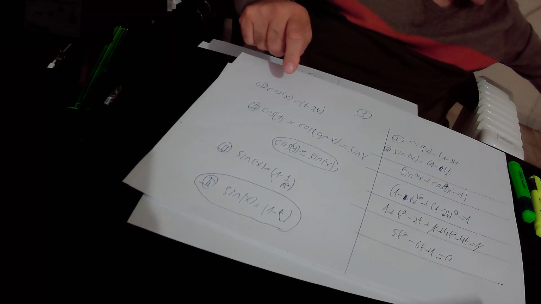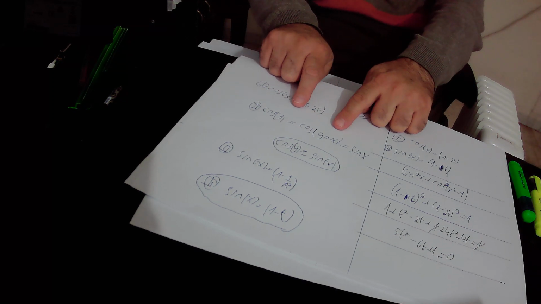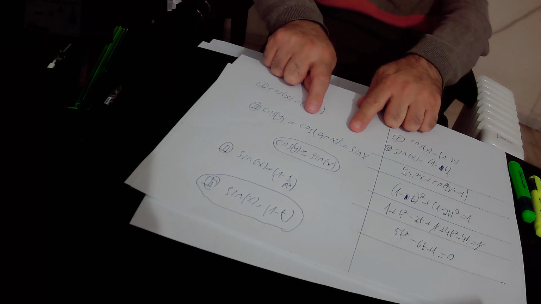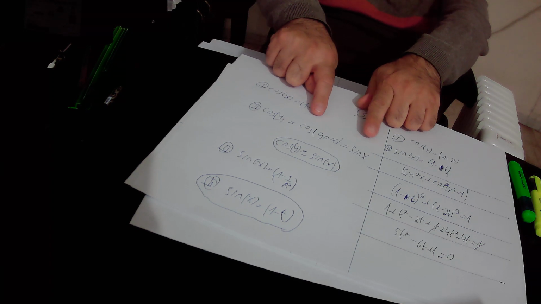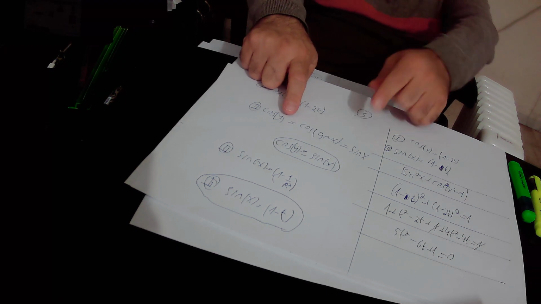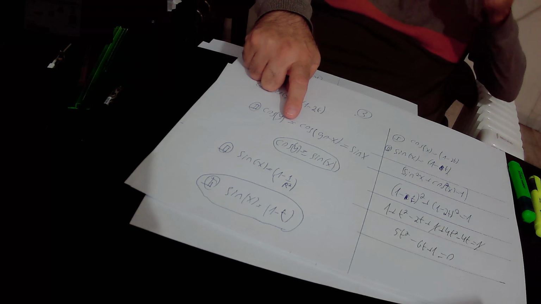So cosine y is cosine of 90 degrees minus x. And we have the trigonometric identity that cosine of 90 degrees minus x equals sine x. In conclusion, cosine y equals sine x. So we substituted cosine y in equation number 2 by sine x.